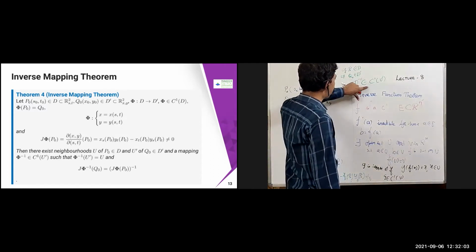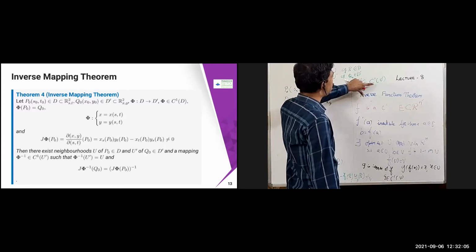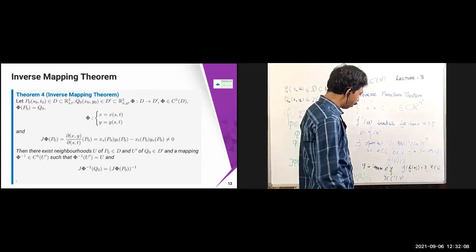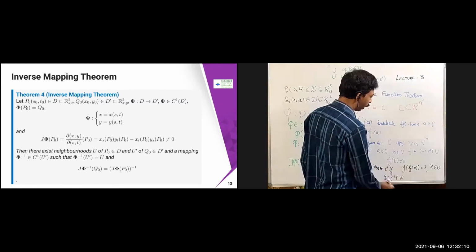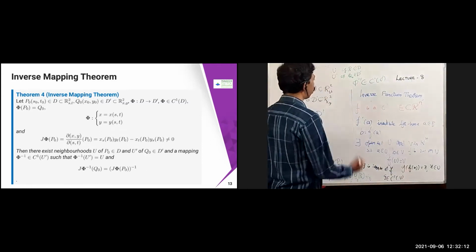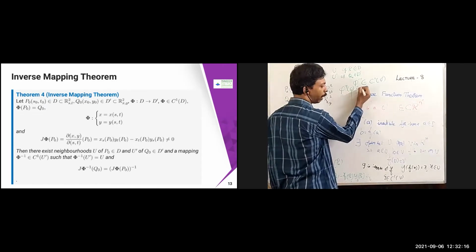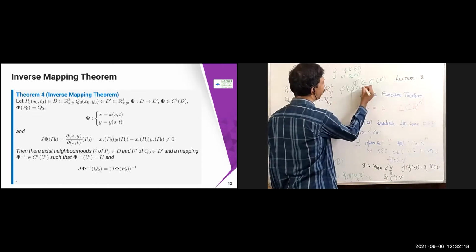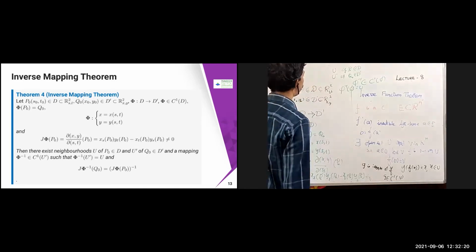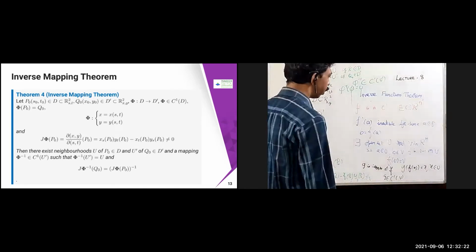That means pi inverse belongs to C1 of u dash, which is from this one equivalently this one, and I have pi inverse of u. Pi inverse of u dash is going to be there.